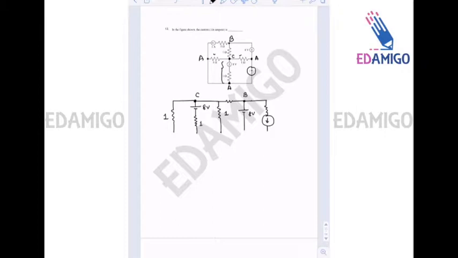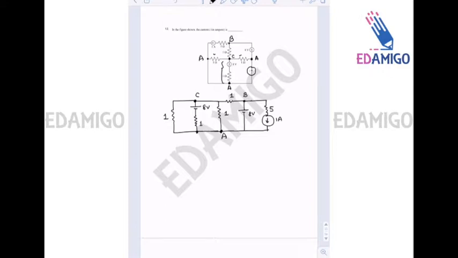Okay, so from C to B it is 1 ohm, and from A to B it is an 8-volt battery. So this is your A node at the bottom, and then from B to A again it is 5 ohm resistance and 1 ampere current. Okay, so this is the whole scenario.